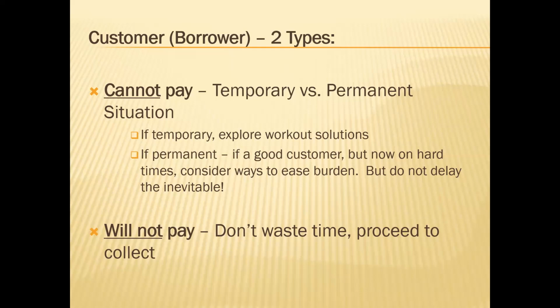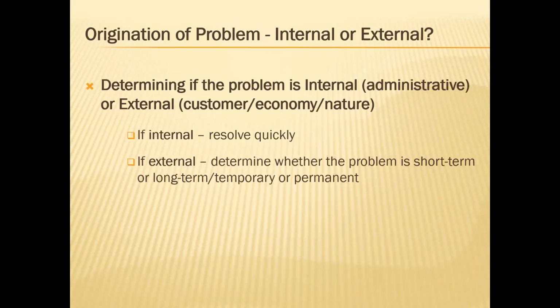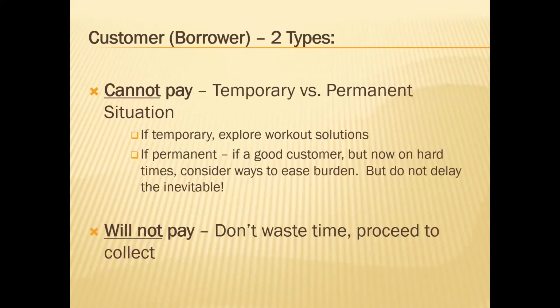So again, we talked about going back to determine whether the problem is short-term or long-term, temporary or permanent. So piggybacking off that, temporary or permanent, let's go to the cannot pay customer. This is where we get into the psychology, basically the mindset of individuals.